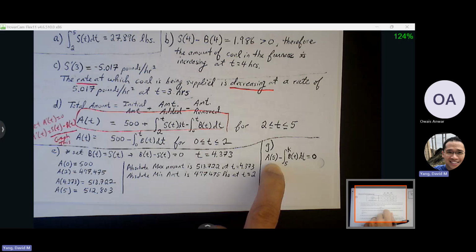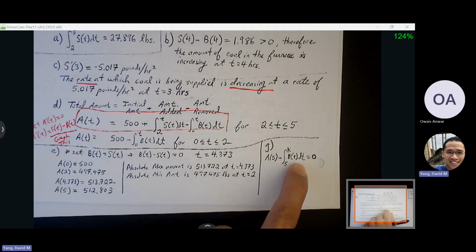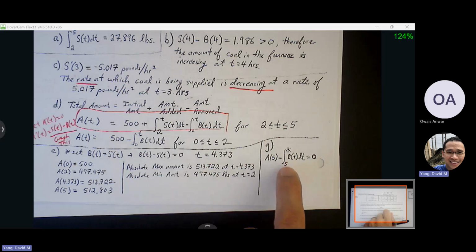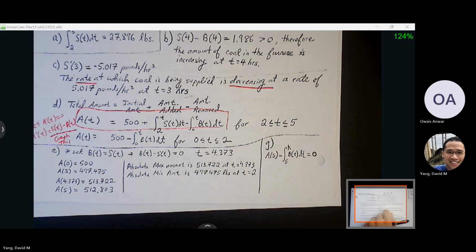After 5 hours, there's no more coal being added. So we only have to worry about how long it will take for this B of t to completely use up the coal. So we just want to let it go from 5 to however long it's going to take for this to equal that, so that when I subtract it, I get 0.